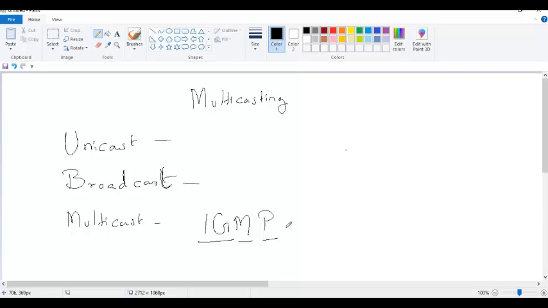So now when we say a multicast address helps to identify a group in a network, what do we mean by that? See, you may have a computer in 10.1.0.1/16.